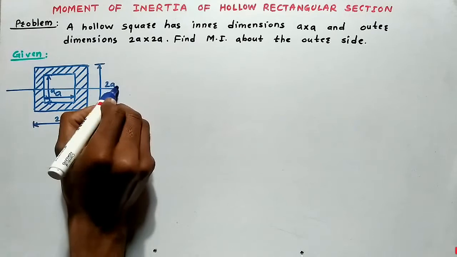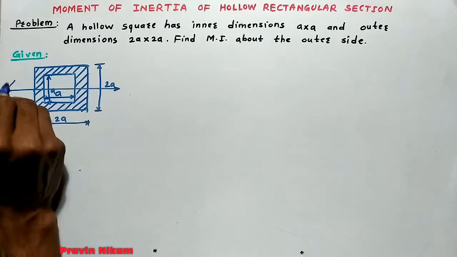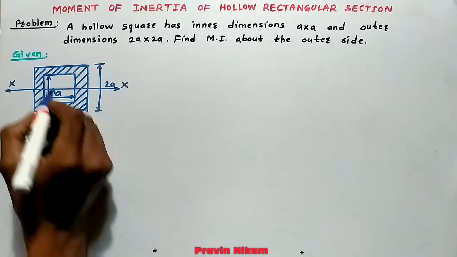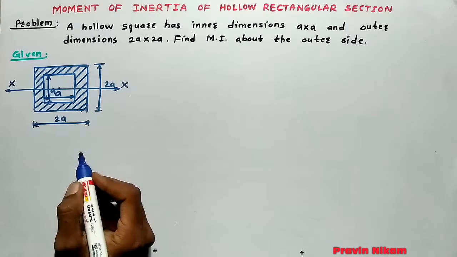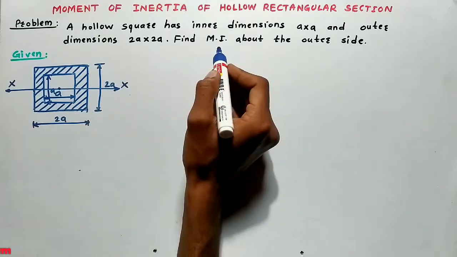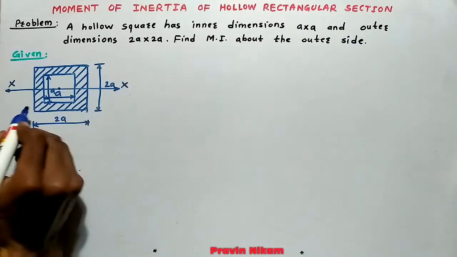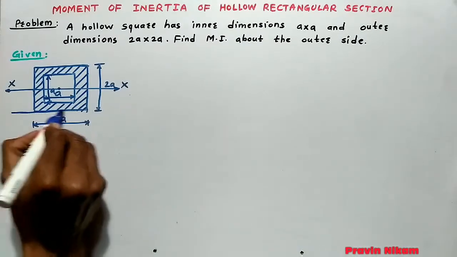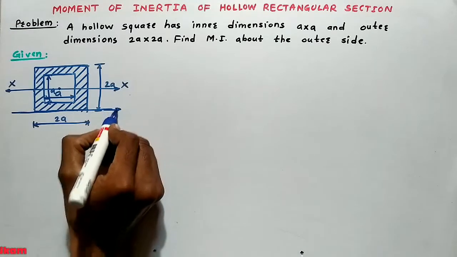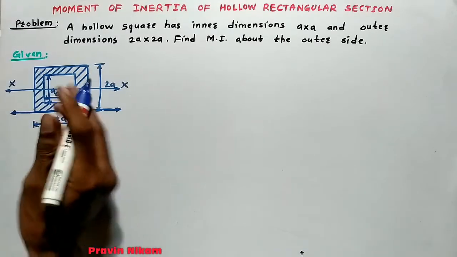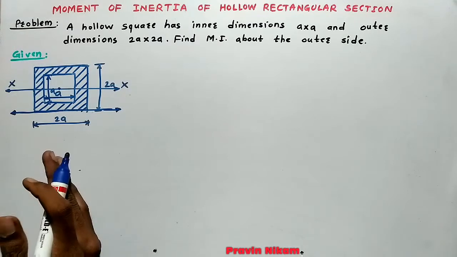And this is the horizontal centroidal axis. Now we have to find the moment of inertia about the outer side. I will take this outer side; you can take the vertical outer side also and take the vertical YY axis.